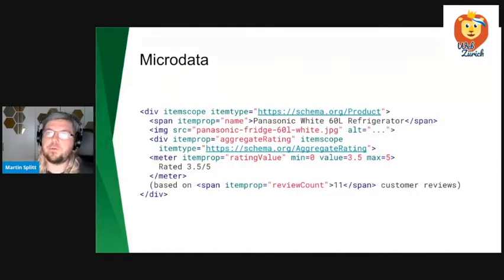If it weren't for a few additional attributes that you might not have used so far: there's itemscope and itemtype, as well as itemprop, HTML attributes. What they do is, here the itemscope says everything in here is one entity. And the itemtype says the entity that we are looking at is a product.